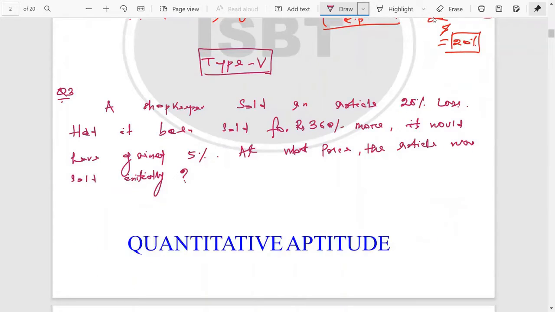A shopkeeper sold an article at a 20% loss. Had it been sold for 360 rupees more, it would have gained 5%. At what price was the article sold initially?